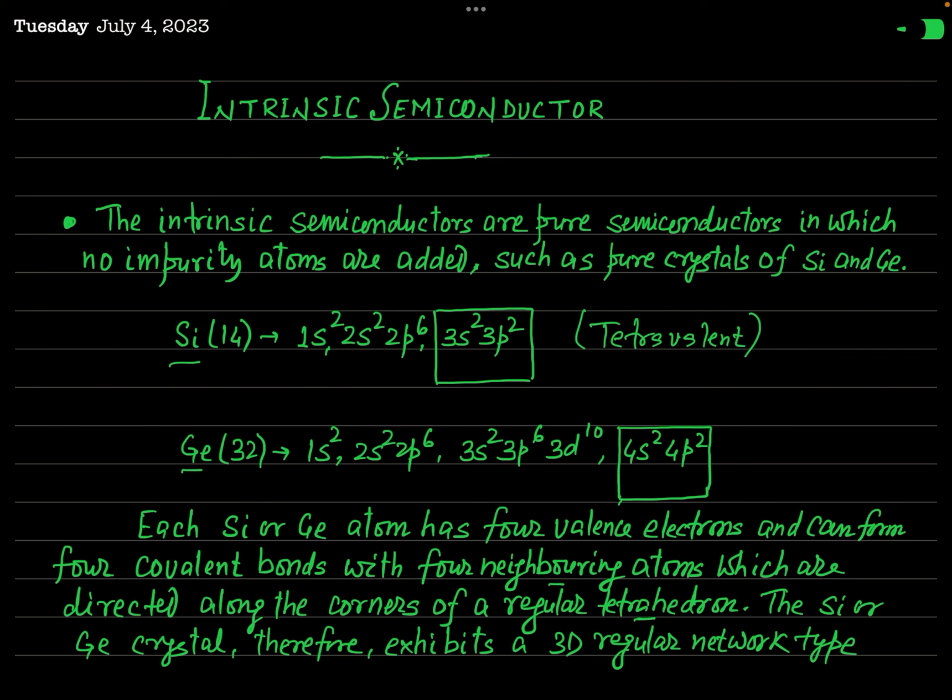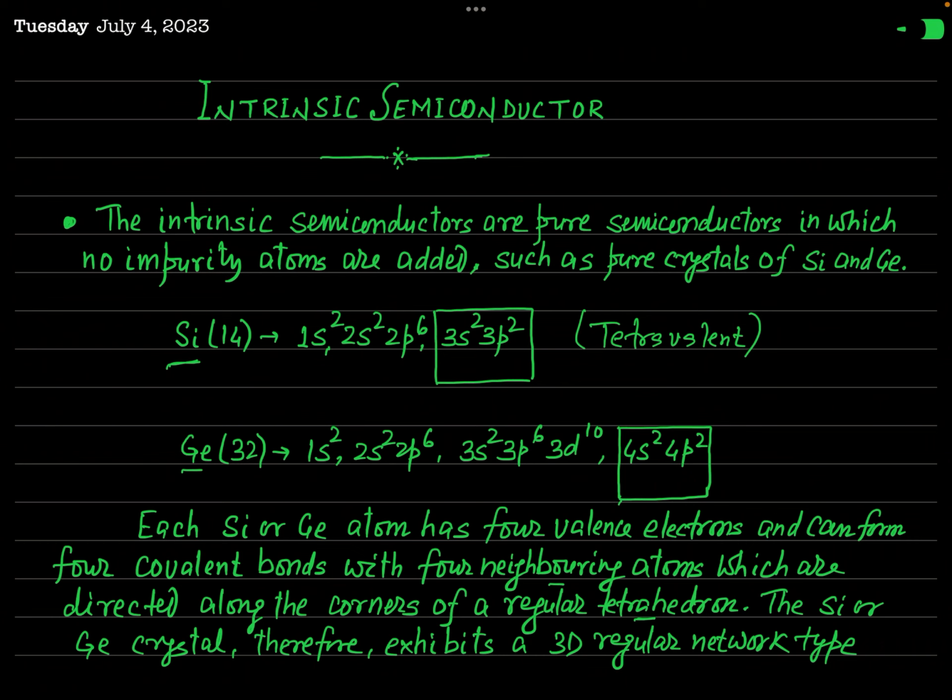And as I have told you, when you talk about pure intrinsic semiconductor, no doping will be made in silicon and germanium. As you have seen in the introductory lecture, the electrical conductivity of a semiconductor is controlled either by thermal agitation, or by doping of some impurity atoms, or by crystal defects.